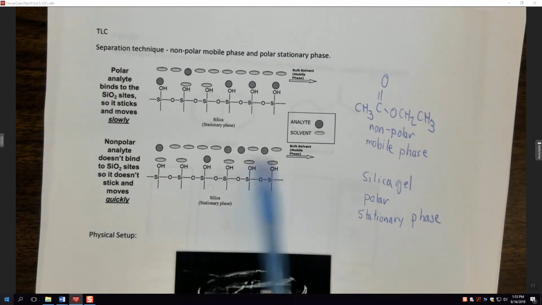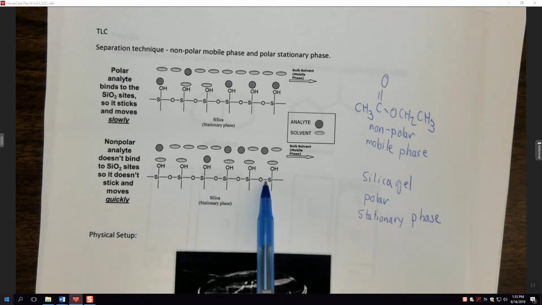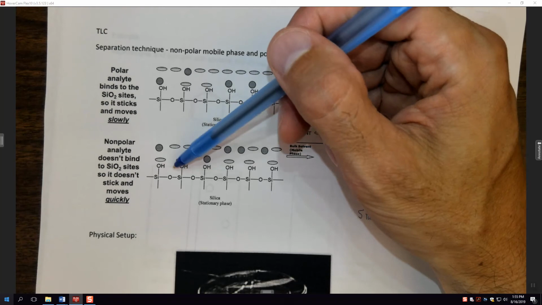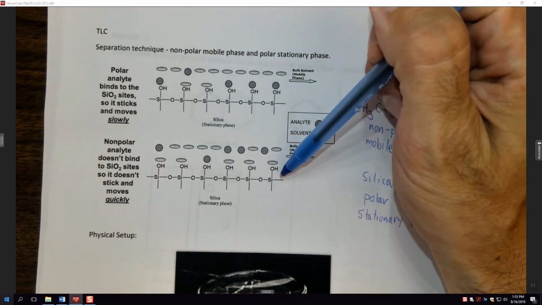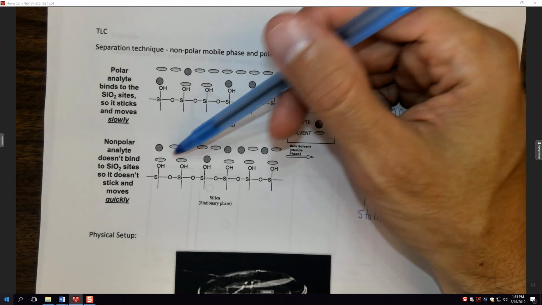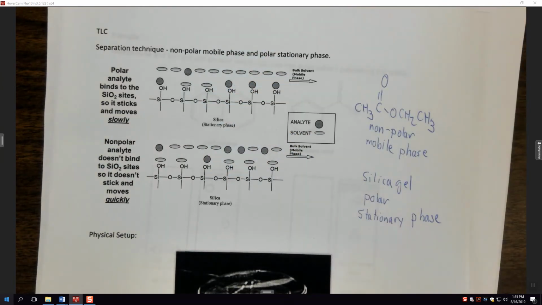Well, in the case of a nonpolar analyte, a nonpolar analyte may not want to interact with the silica gel very much. Why? Because silica gel is polar, so it's not going to strongly interact with the nonpolar analyte.